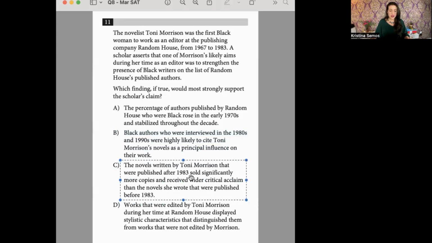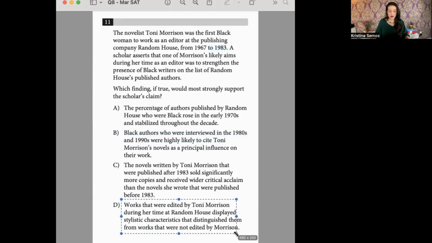Let's go to C. So the novels written by Toni Morrison that were published after 1983 sold significantly more copies and received wider critical acclaim than the novels she wrote that were published before. Well, basically that's saying that after she stopped being an editor, her novels were more popular than the ones she published before 1983. That has nothing to do with getting more Black authors published. That's just about her. Okay, so I don't love that one.